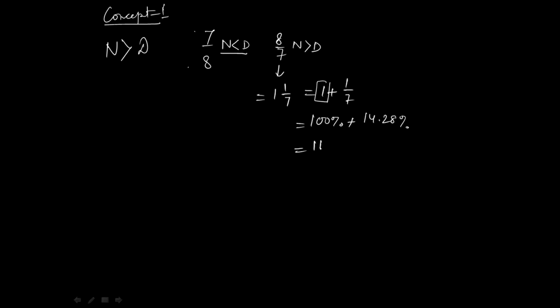So in total it is 114.28%. That is how you have to solve it. Whenever the numerator is greater than the denominator, you have to see how much greater the numerator is than the denominator.